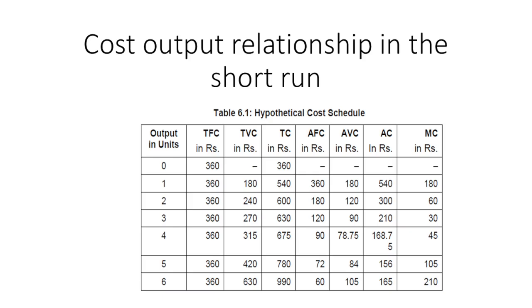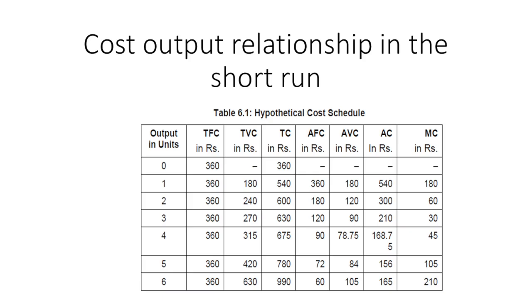Then 540 to 600 is the additional cost incurred to the total cost when one extra unit is produced. That difference is 60. Then 600 to 630, it is 30. Then 630 to 675, it is 45, like that. This is the marginal cost.